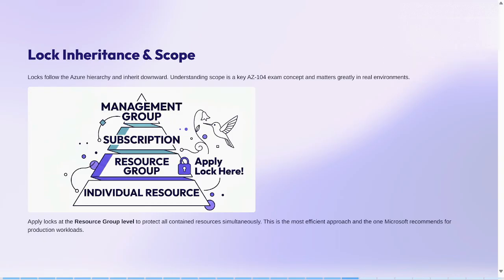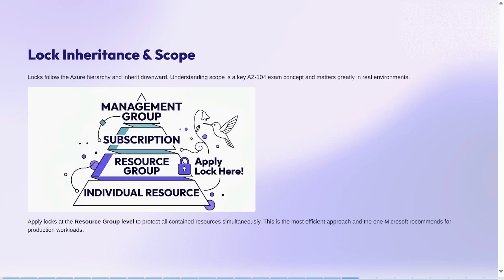Take an example. Imagine we have a resource group called RG-web app production. Inside this resource group, we have a virtual machine, a storage account, a database, a network interface. If we apply a resource lock directly to the resource group, the lock automatically applies to all resources inside the resource group.